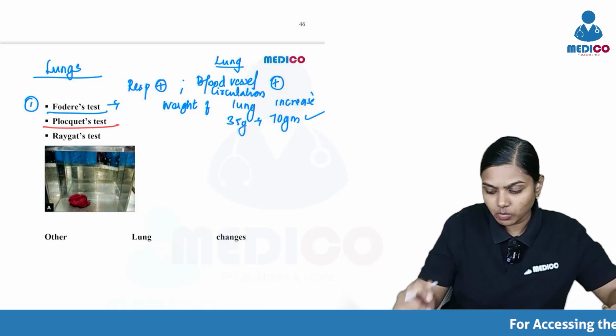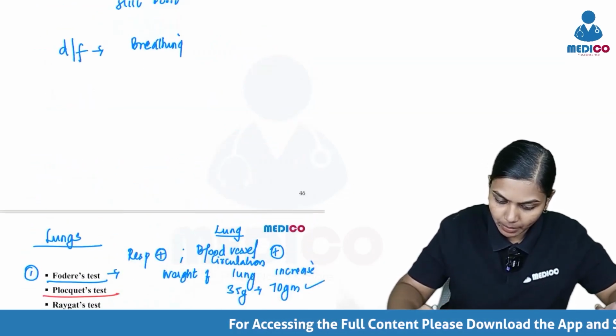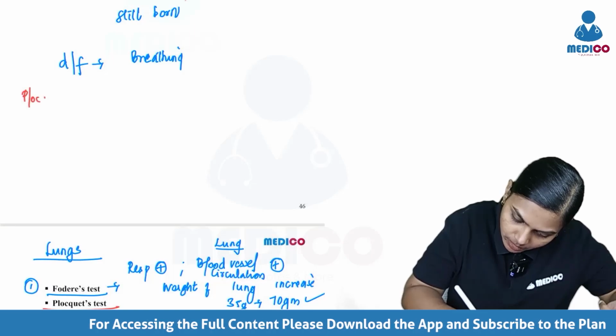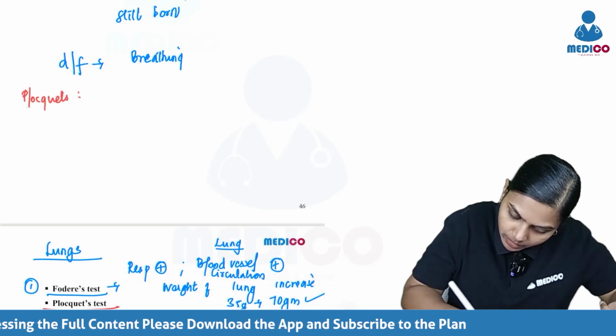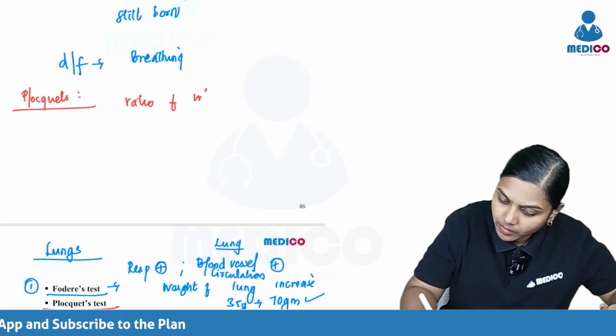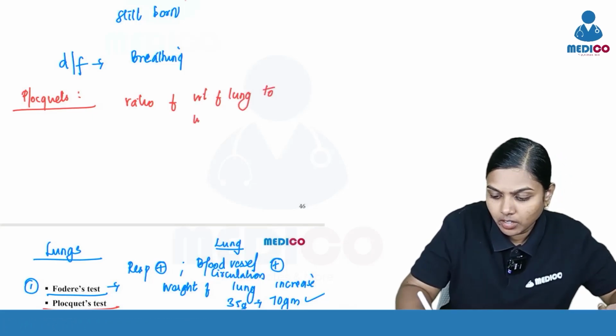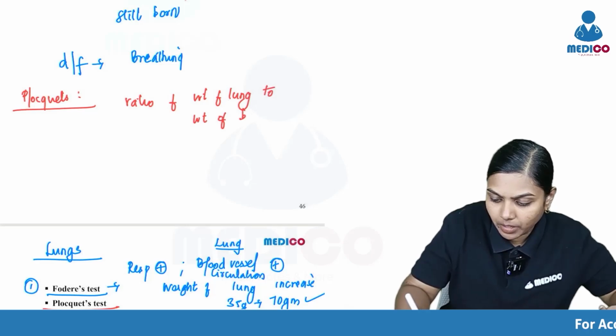Now, second, Placott's test. In Placott's test, they make a ratio of weight of lung to weight of baby.